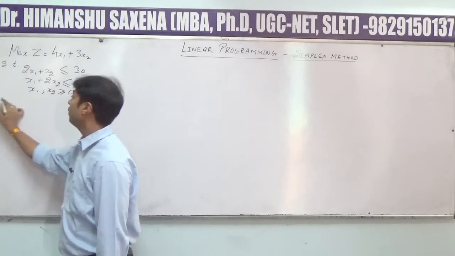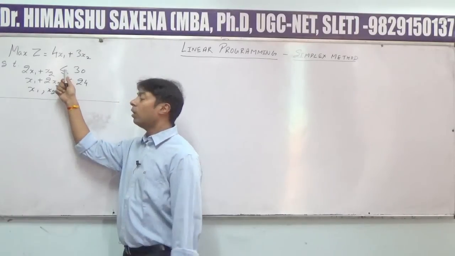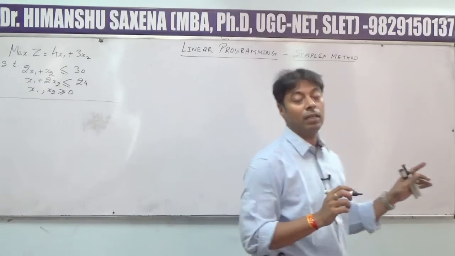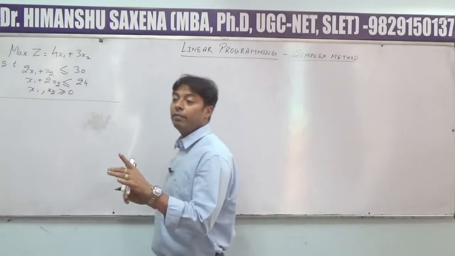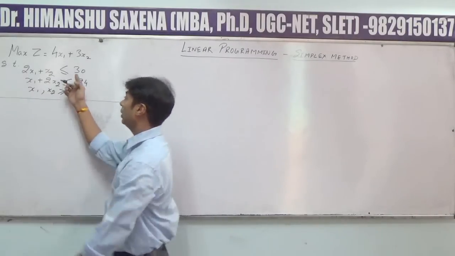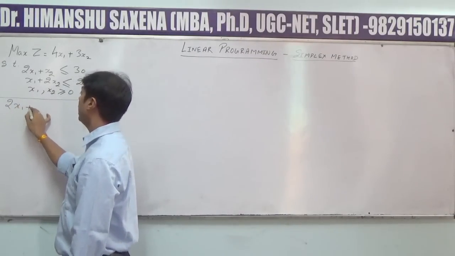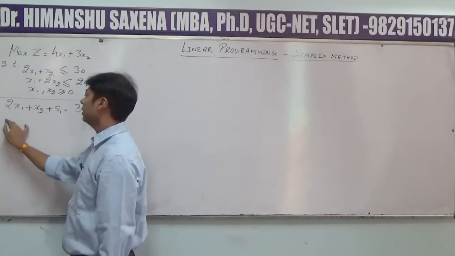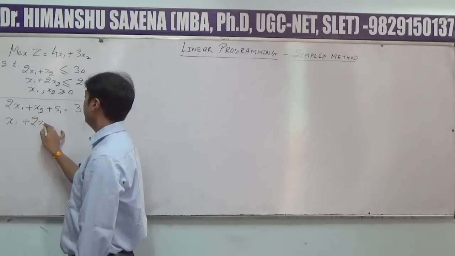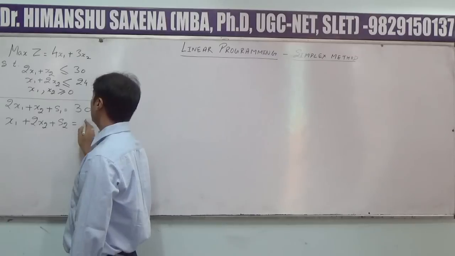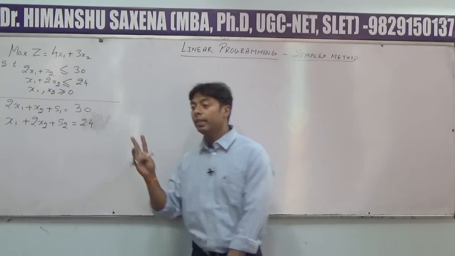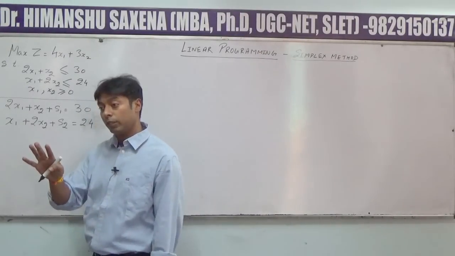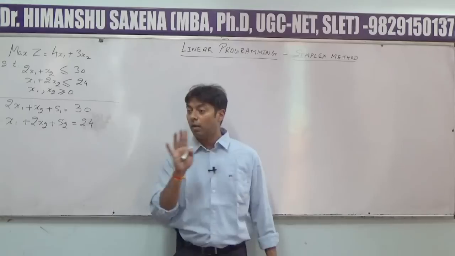Now we start. The first step is removal of these inequality signs by adding slack variable S1 in the first equation and slack variable S2 in the second equation. Had there been three equations, we would have added S3, and if there were four equations, then we would have added S4 in the fourth equation.